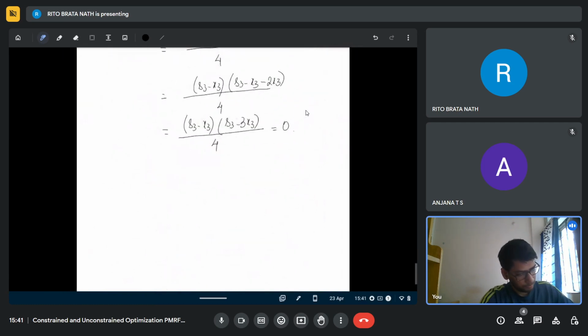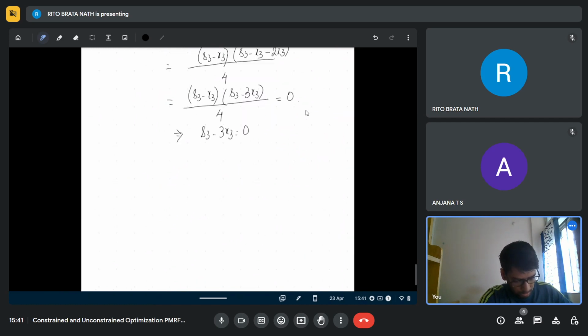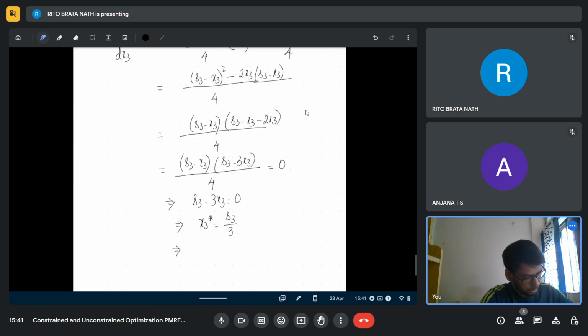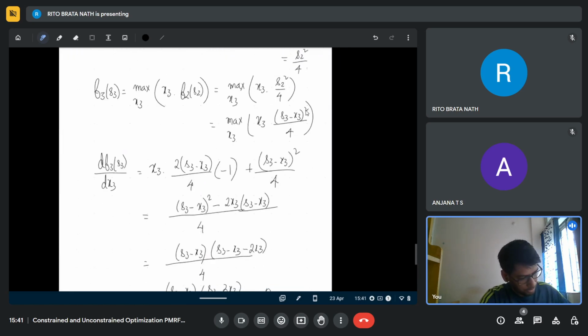That's why from here, the only possibility should be s3 minus 3x3 equals 0. Or you can write it as x3 star equals s3 by 3.